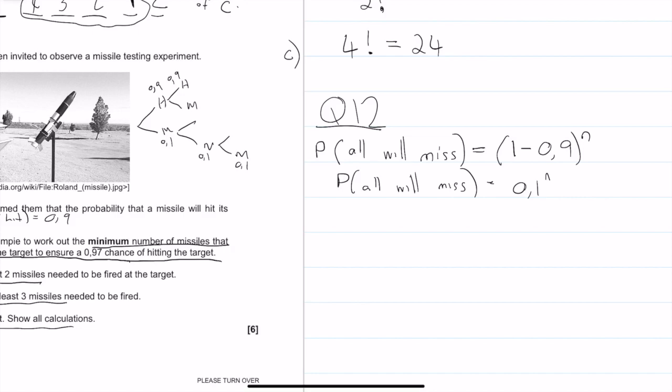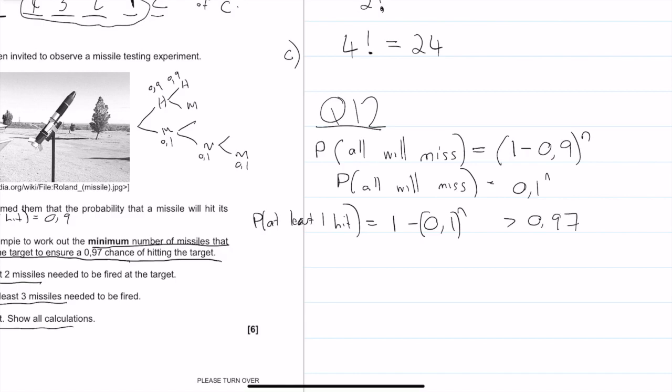So now we know the probability that all of them will miss, but we just care about the probability that any one of them will hit. So we want the probability that at least one of them will hit to be 1 minus 0.1 to the power of n, and we want this to be greater than 0.97.